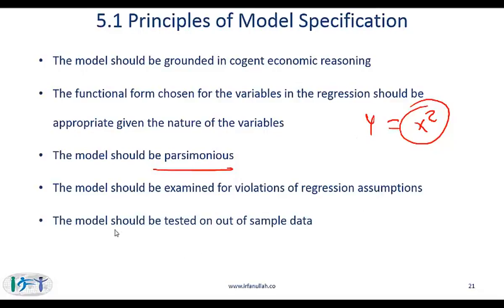And finally, the model should be tested on out of sample data. So you define a given model using a certain sample of stocks that you took out from NASDAQ, right? So if we go back to example 1, you created this model and you picked up 1800 stocks. And the model works great in predicting the bid-ask spread for stocks that are part of that data.